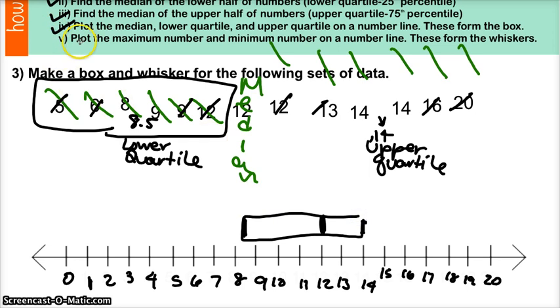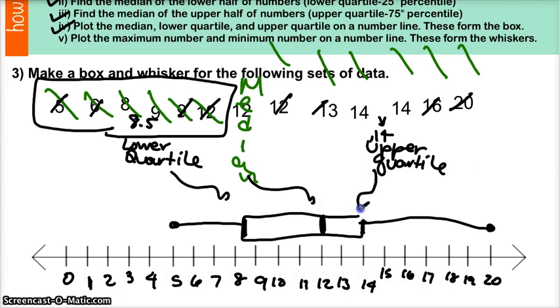And then it says plot the maximum number and the minimum number. Well, the minimum is a 5, and that's my whisker, and the upper is a 20. Not super straight, but there's my whisker. So what we have is a box and whisker plot with the lower quartile at 8.5, the median at 12, and the upper quartile at 14. The lowest number is 5, and the highest number is 20.